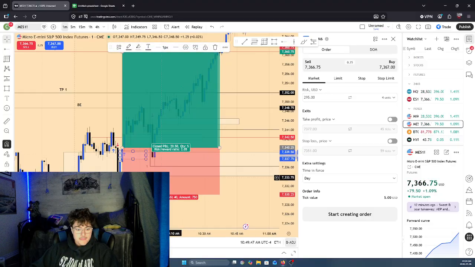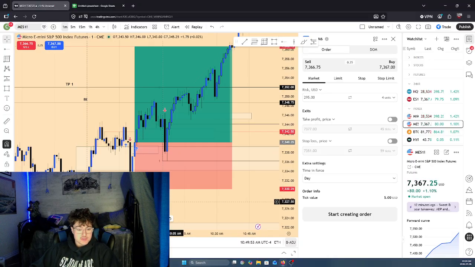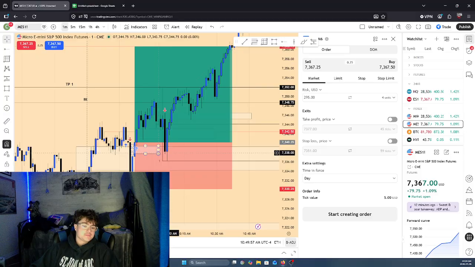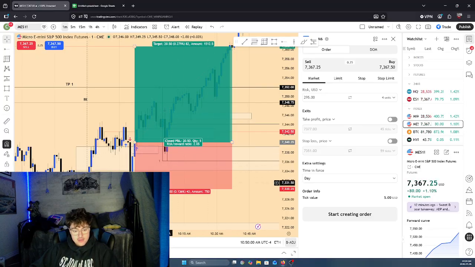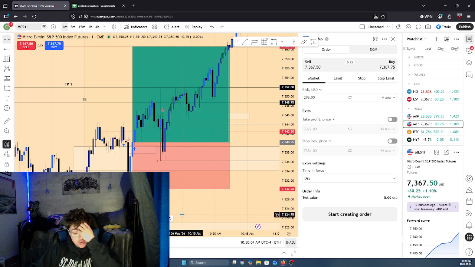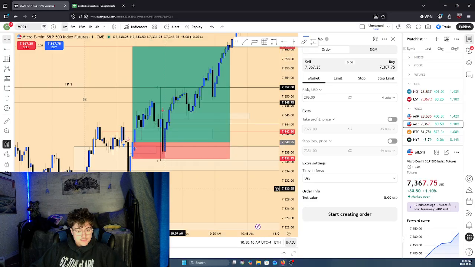I just lost my train of thought. Oh yeah, I saw this fair value gap here. So I was like, okay, if we come down, I'll just put my stops under the fair value gap, because realistically, if we come any lower, we're probably not going to go higher. So I went and put my stops like here.